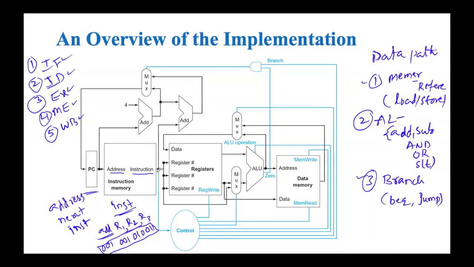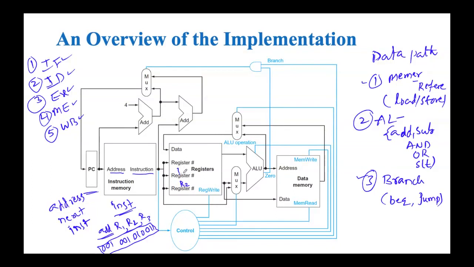The output of this instruction is decoded here, and the decoded instruction tells us the registers involved. Those register names are identified: your first source for this operation is R2, so R2 will be identified and given as an input to your register file.